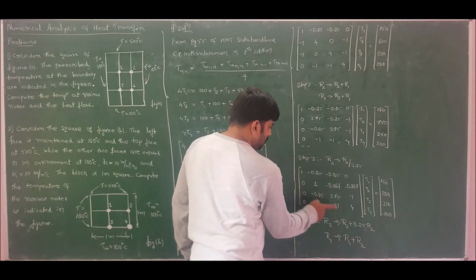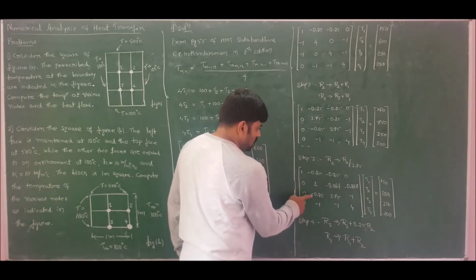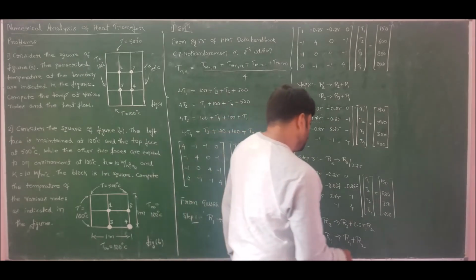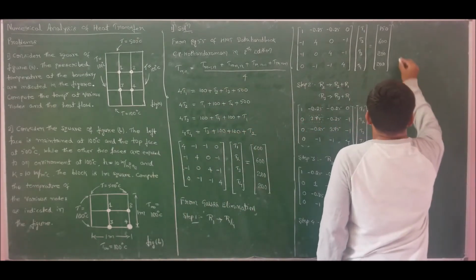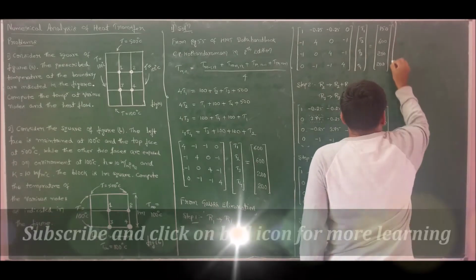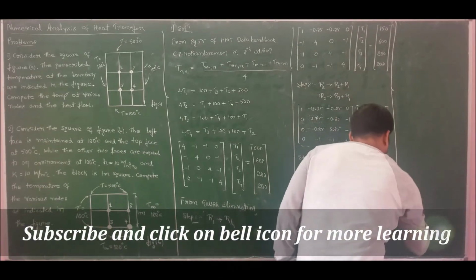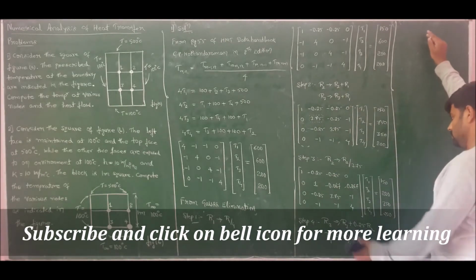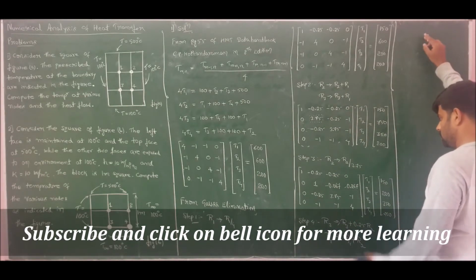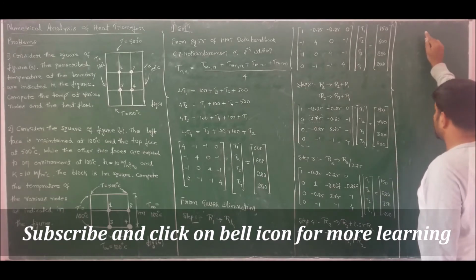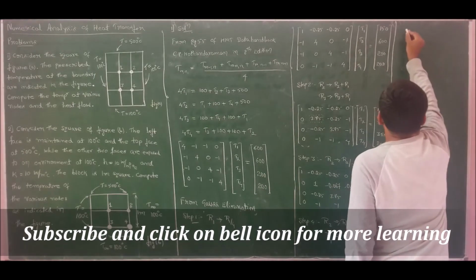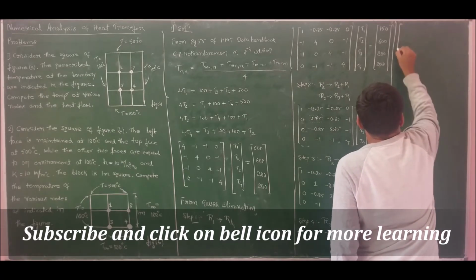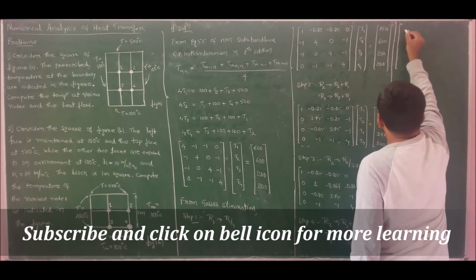Minus 0.25 plus 0.25 will become 0. So thereby I can make these two elements as 0. So moving ahead for forward elimination, the first two rows remain as it is. For simplicity, I won't write T1, T2, T3, T4.